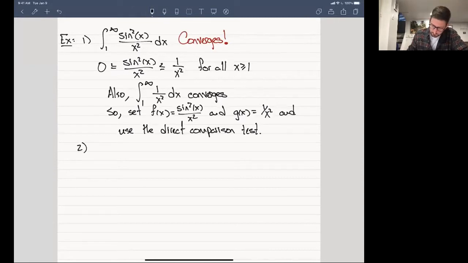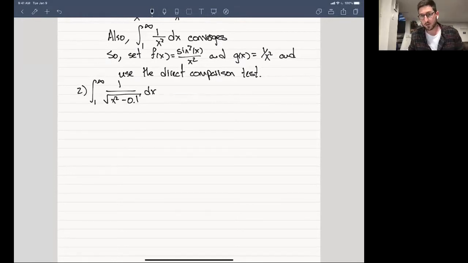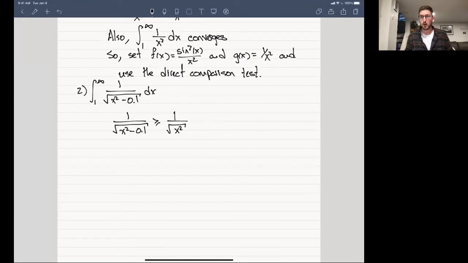Okay, let me give you another one. So here's another ugly integral. The integral from 1 to infinity of 1 over the square root of x squared minus 0.1 dx. Does this thing converge or diverge? Well, first of all, we know that this is greater than or equal to 1 over the square root of x squared.